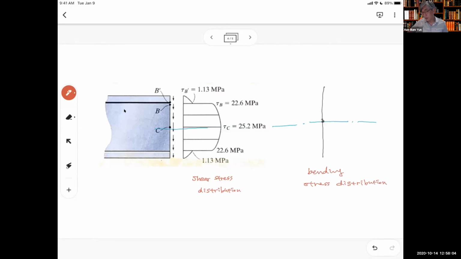What is the bending stress at the neutral axis? Positive at the top and negative at the bottom. So that's correct.